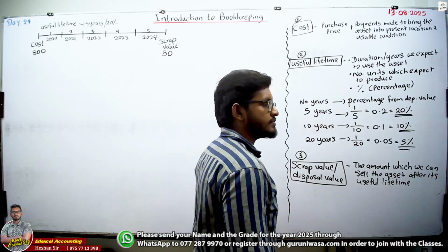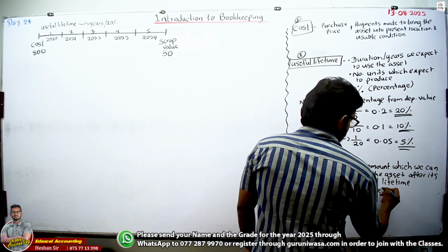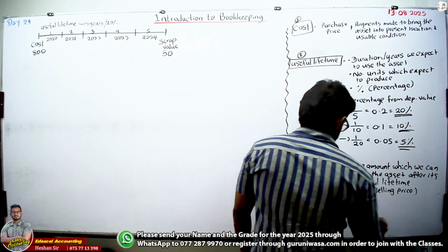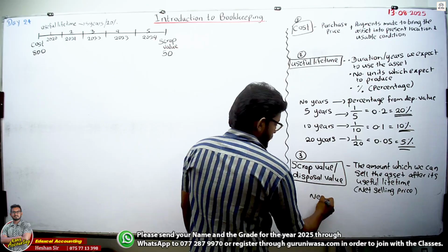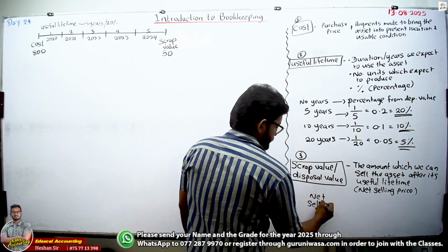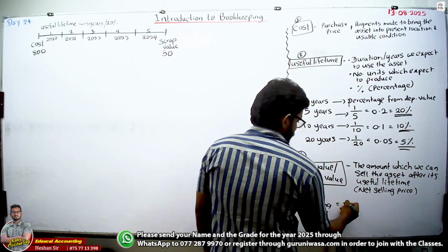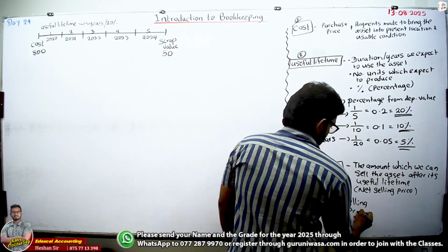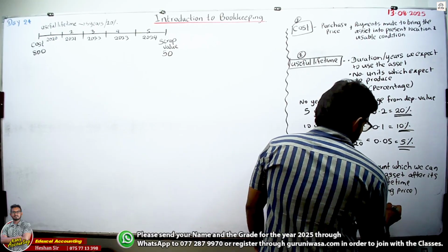We take the net selling price. What is the term called net selling price? As the scrap value, we take the net selling price, which means selling price minus selling cost.